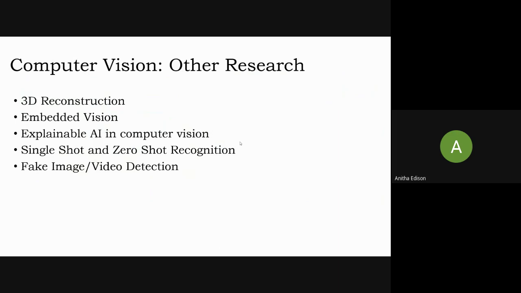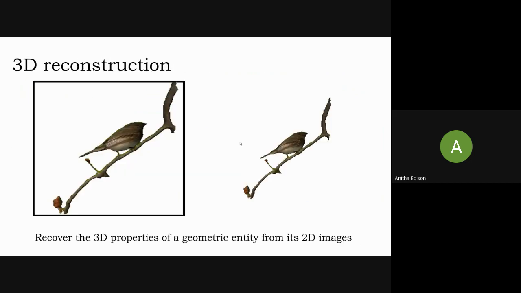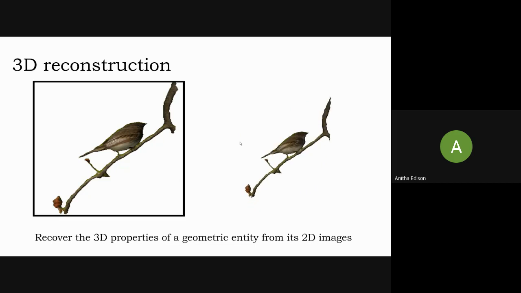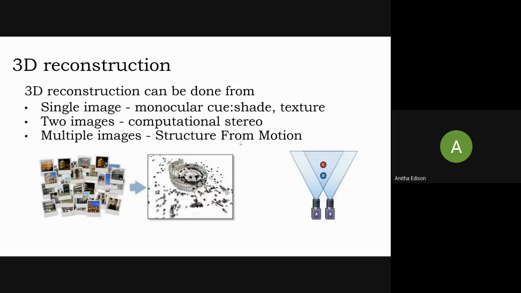Next are some other computer vision research areas. The first one is 3D reconstruction. When you're given a 2D image, you need to recover the 3D properties from that image. That is what is called 3D reconstruction. It can be done from single images, where different shades and textures of a single image can be used.